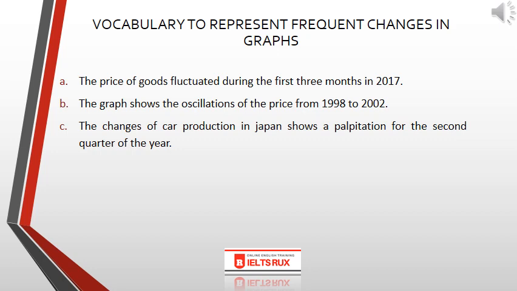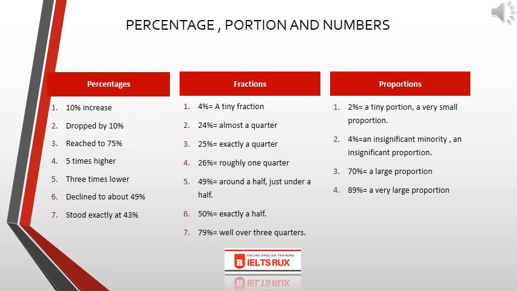The third: the changes of car production in Japan show a palpitation for the second quarter of the year. So here the vocab used is palpitation. By using such vocabs in your answer, your answer will become quite impressive, and it will be considered a high band answer.